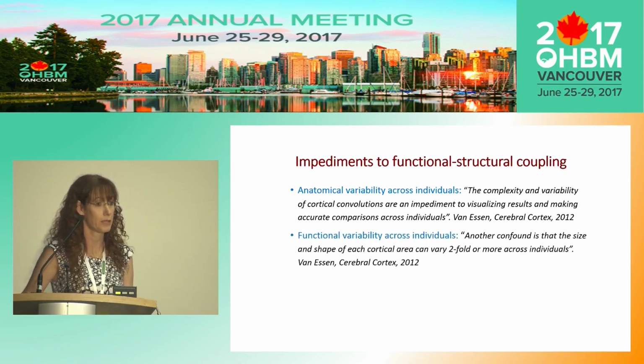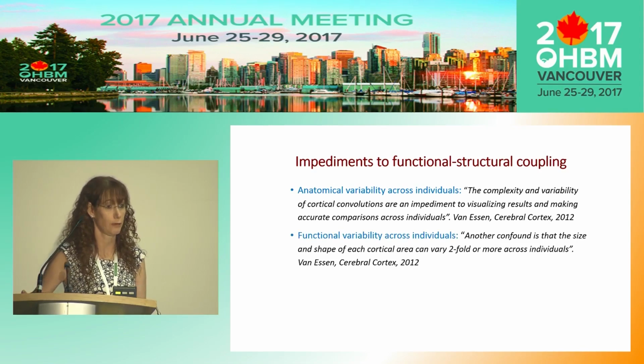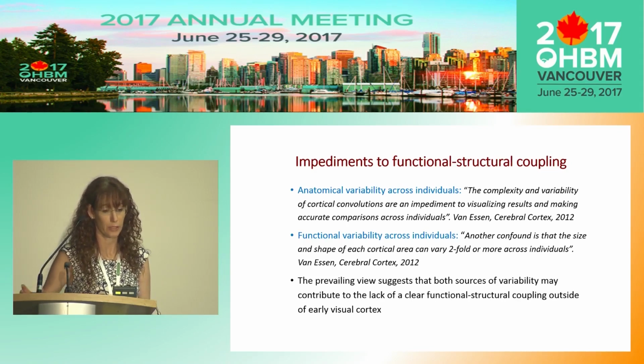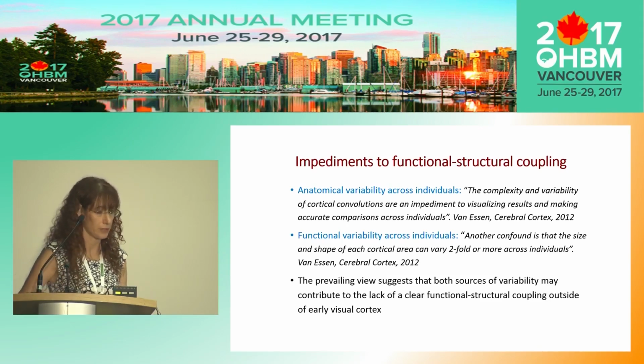In the same paper, they've also noted functional variability across individuals. They write, another confound is that the size and shape of each cortical area can vary by 2-fold or more across individuals. So because of this structural and functional variability, the prevailing view suggests that both sources of variability might contribute to a lack of a clear functional structural coupling outside of early sensory cortex.